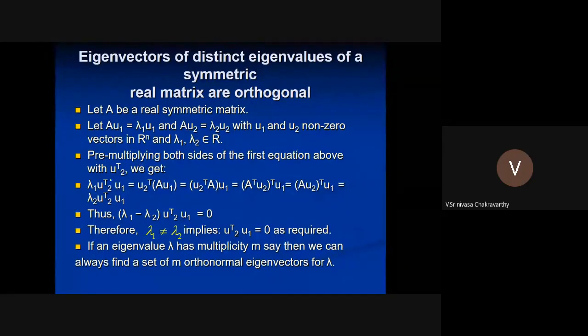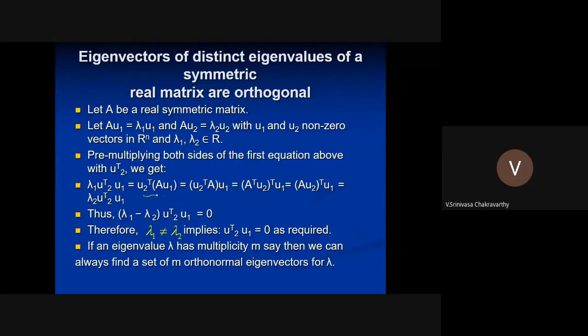You get lambda 1 times U2 transpose U1, which is equal to U2 transpose times lambda 1 U1. Now, lambda 1 U1 is nothing but A U1, from the first equation, so you use that here.